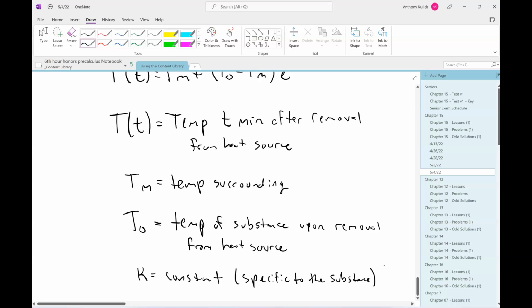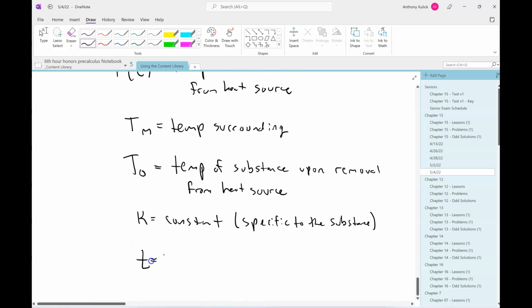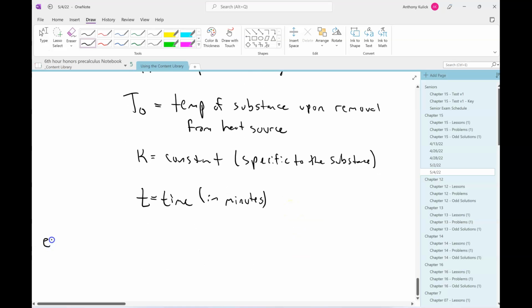The soup cools a lot slower than the sandwich. And the little t is just the time that your substance has been removed from heat, and it's in minutes. All right, let's look at an example.